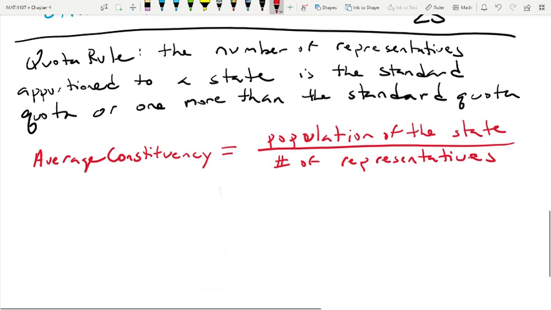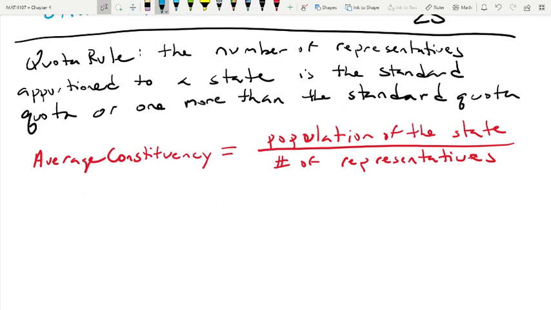And then the next term is the absolute unfairness of an apportionment.